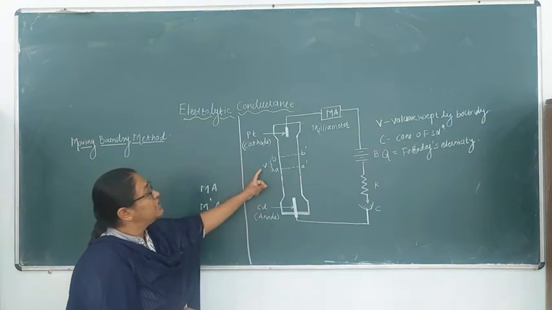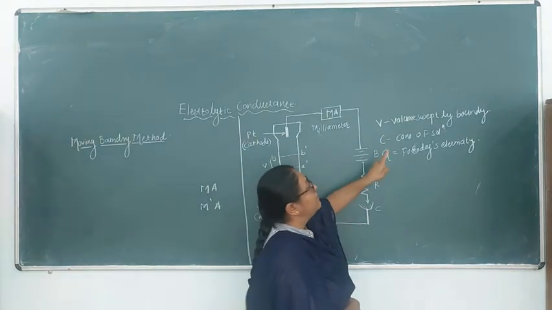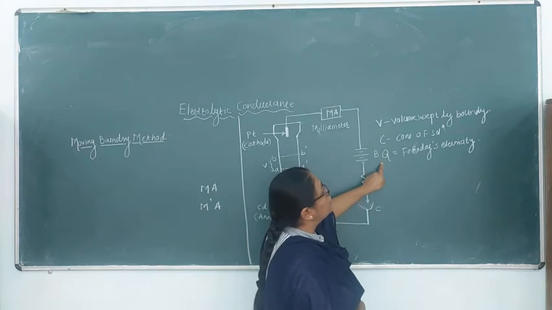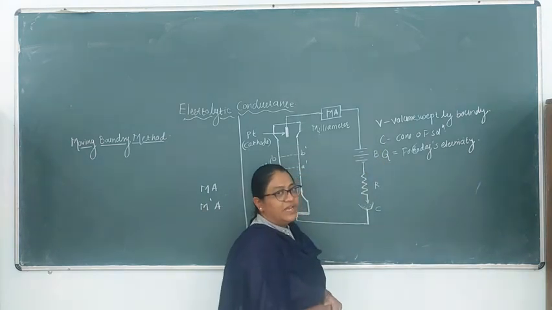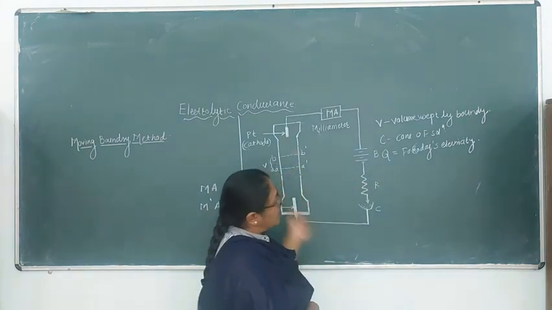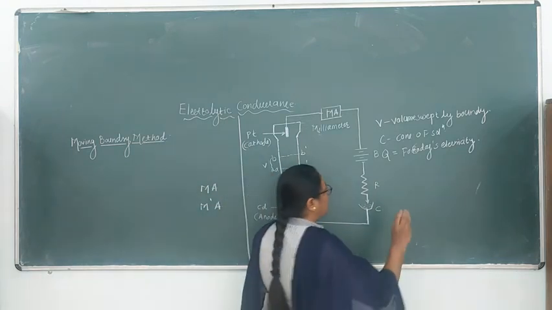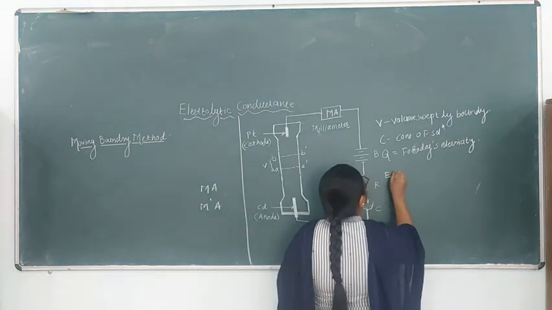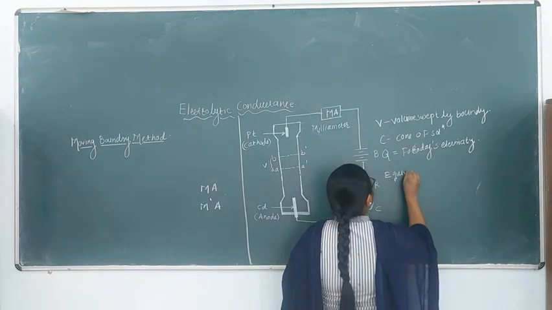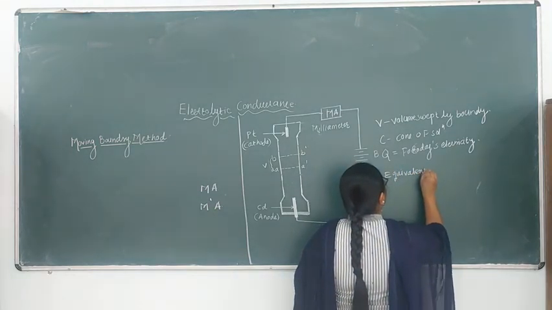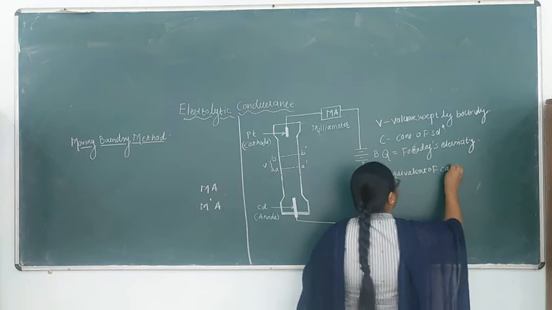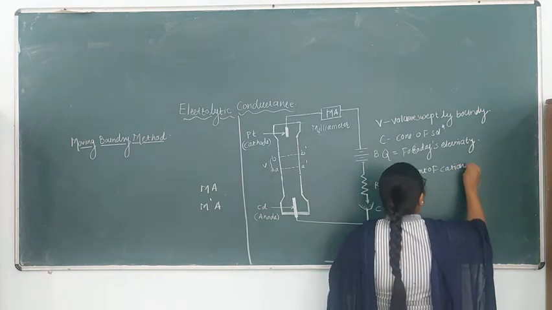So if V is the volume swept by the boundary, C is the concentration of the solution and Q is the Faradays of electricity which has passed through the circuit, therefore the equivalents of cation migrated.